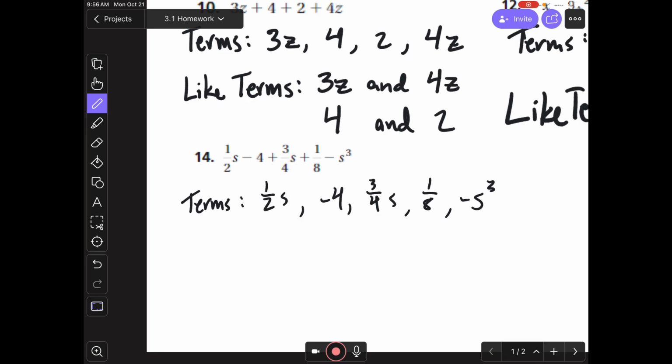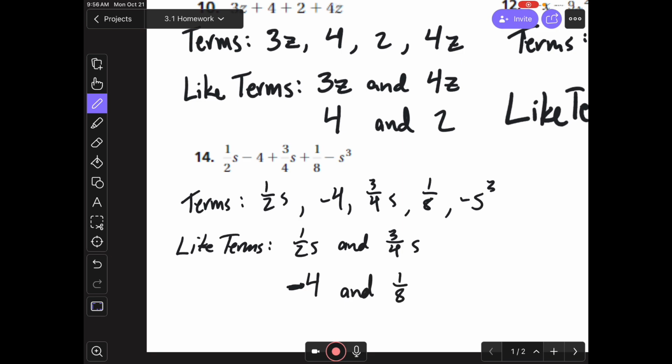From here, my like terms, well, those would just be 1/2 s and 3/4 s. Those both are linear, leading to the first power of s. And I do also have my constants. I know they look a little different, but because there's no s's attached, these would also be like terms.